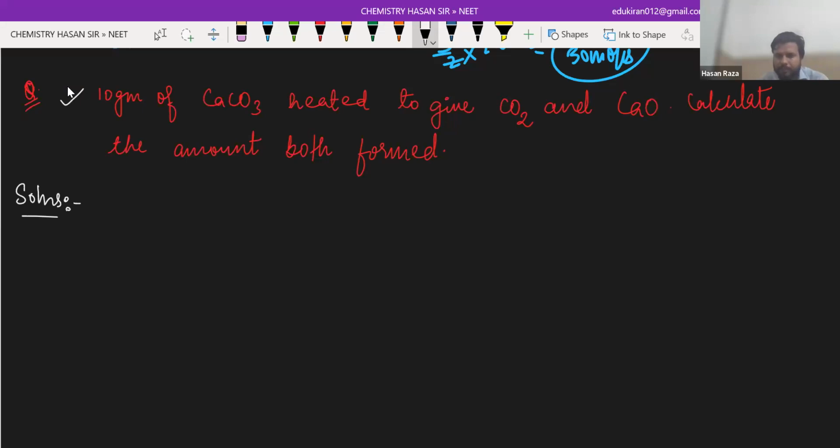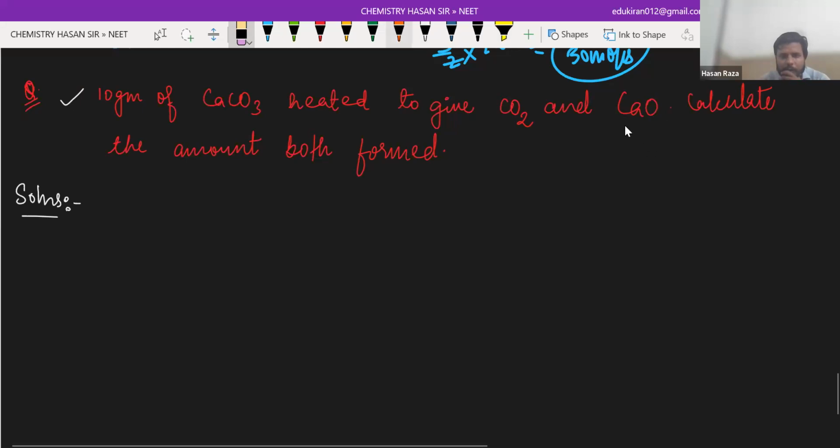5.6 grams. Carbon dioxide 6 gram. What about calcium oxide? No, sir. Mass of calcium oxide is 6 gram.